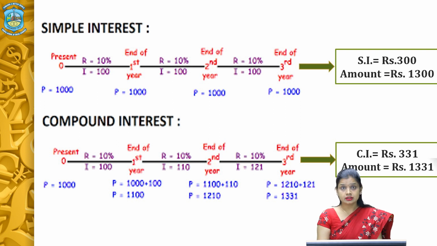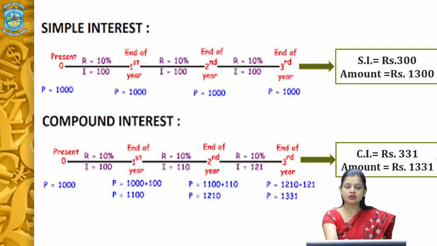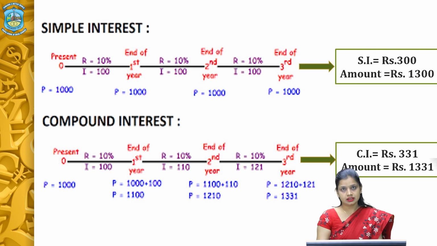In the third year you have to pay simple interest on the same principal amount 1000, which is again 100 rupees. So, after 3 years you have to pay 300 as simple interest, and the amount paid by you is rupees 1300.